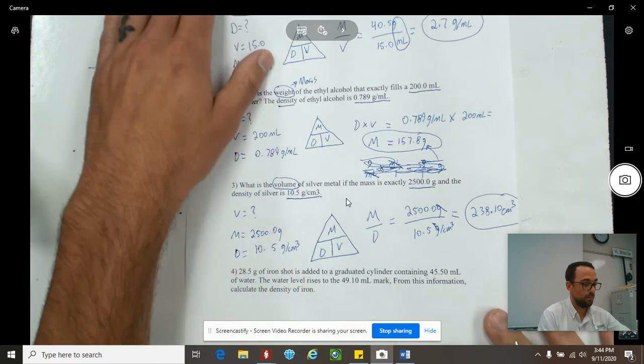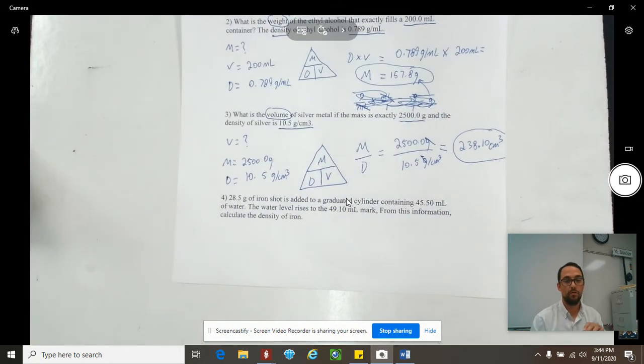All right, last one. Now, this is probably the most tricky one that we're going to have to do, so please pay attention. Sometimes in these problems, they're not just going to give you the volume number outright. You're going to have to solve for volume in a weird way, either by doing length times width times height if it's a regular-shaped solid object, or with water displacement, where you'll have to do some minor subtraction.